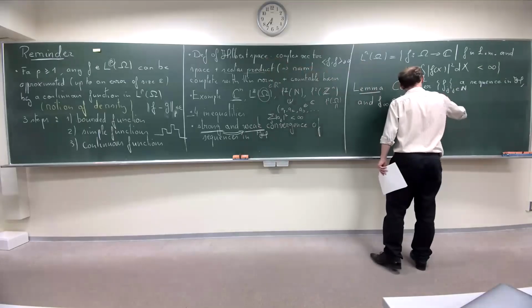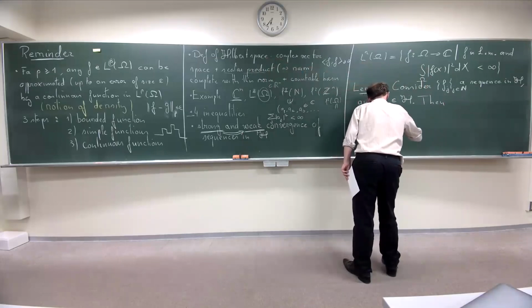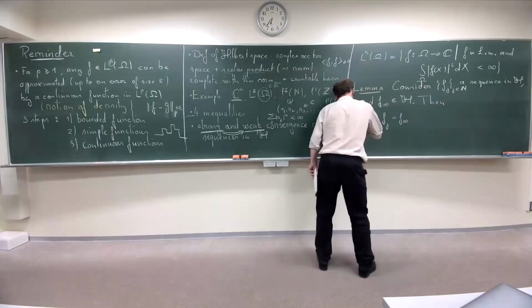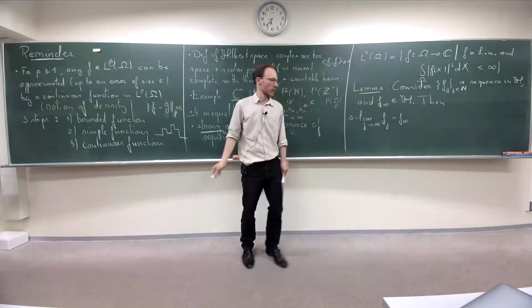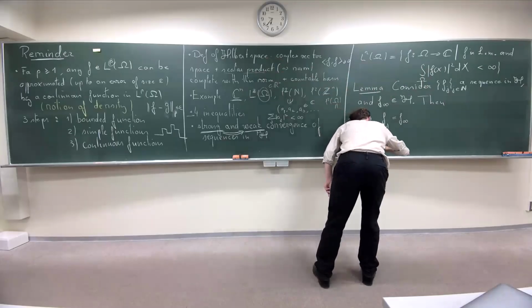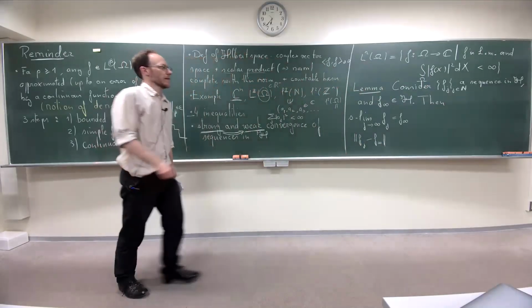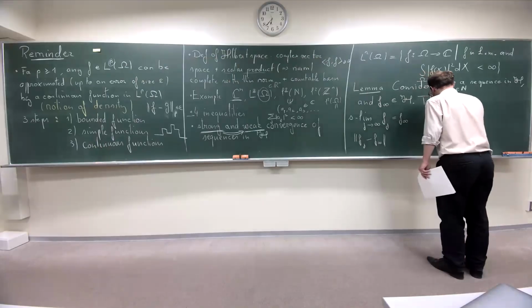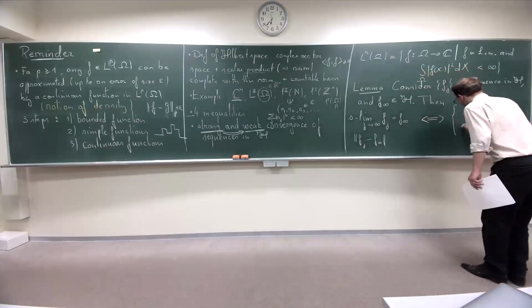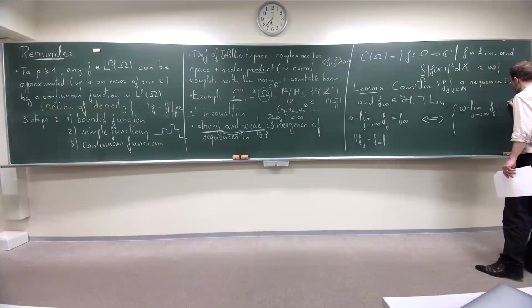Then the limit when j goes to infinity of Fj is F infinity in the strong sense. So remember, the strong sense means I consider the norm of Fj minus F infinity, and this has to go to 0. This is equivalent to, so this is a statement, the weak limit as j goes to infinity of Fj is equal to F infinity.